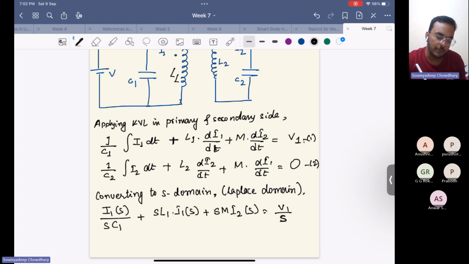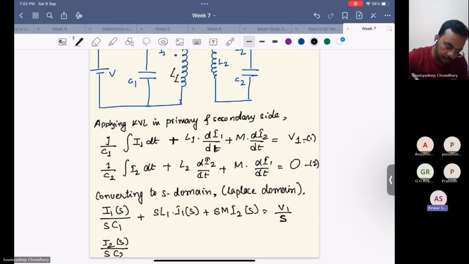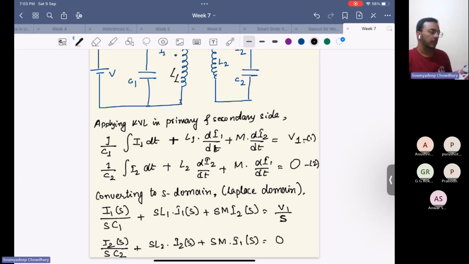Just seeing this equation, you can tell me. I2 of S by SC2, plus what will be the next term? SL2 I2 of S, plus SM I1 of S.